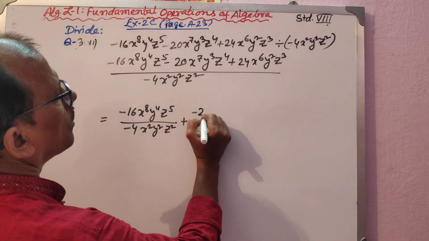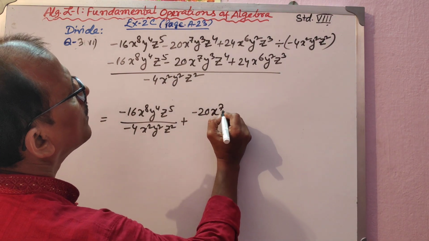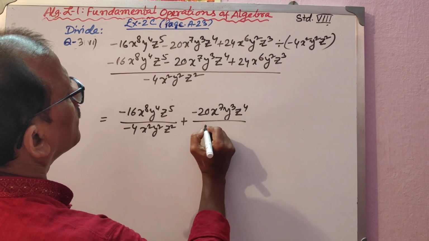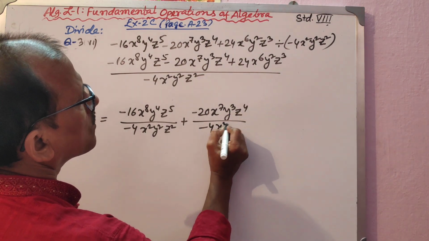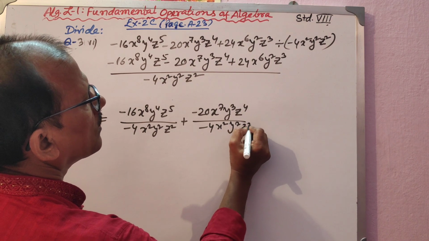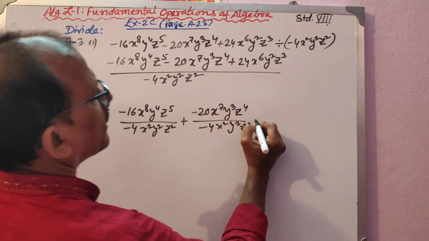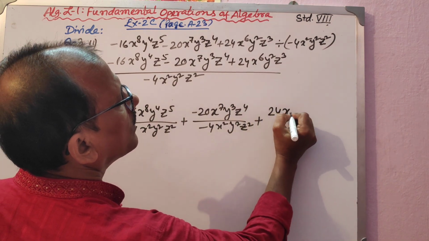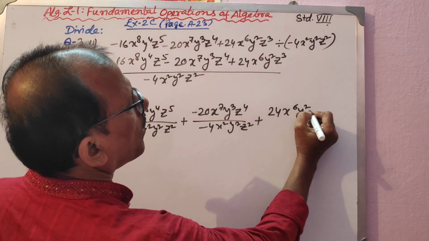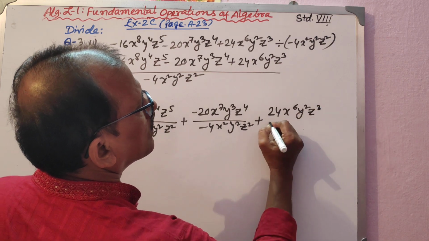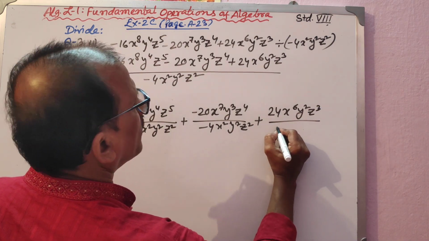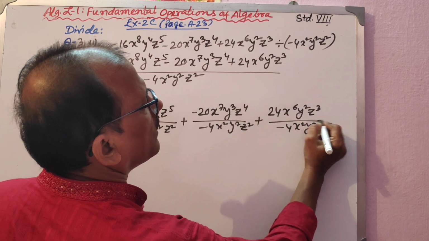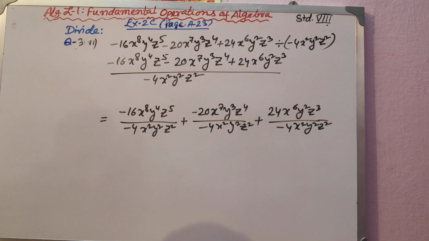So minus 20 x raised 7 y raised 3 z raised 4 divided by minus 4 x square y square z square. Now again the third term, plus 24 x raised 6 y raised 2 z raised 3, and you are dividing with the same divisor, minus 4 x square y square z square. Now I will be cancelling this.